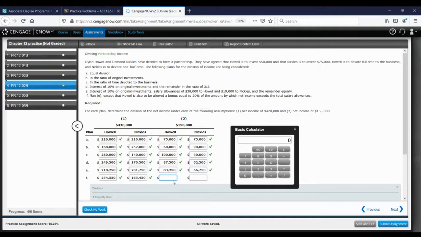For Hal, of the $150,000, $92,550 would go to Hal, and $57,450 will go to Nichols. And that ends this particular problem.